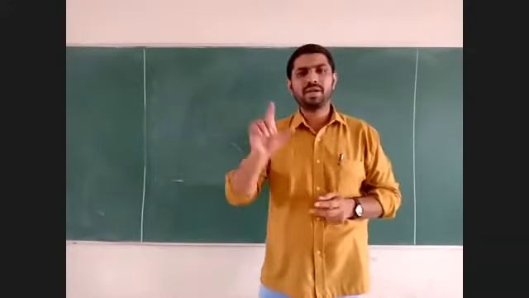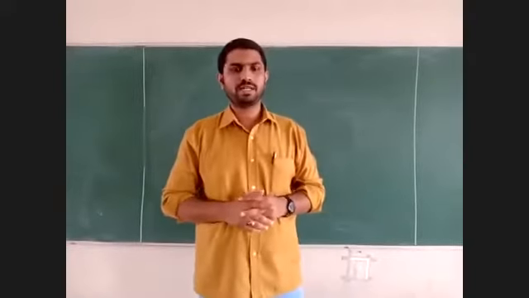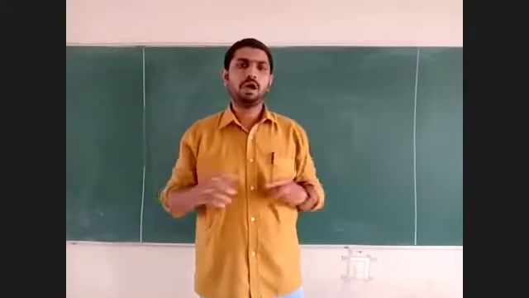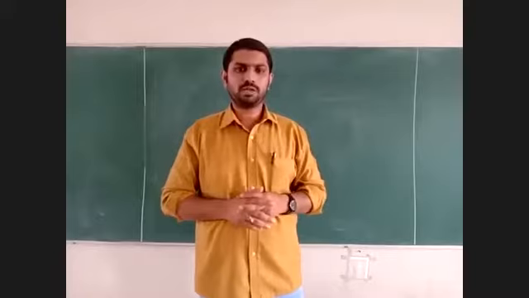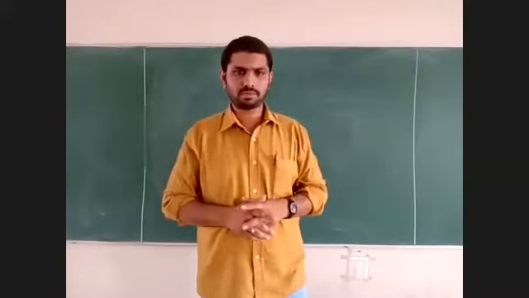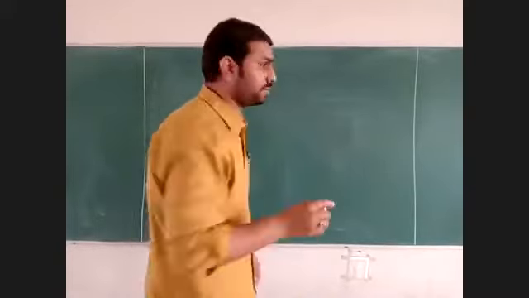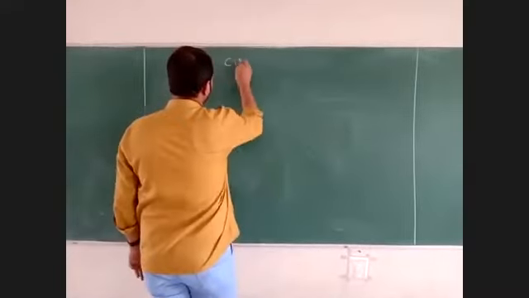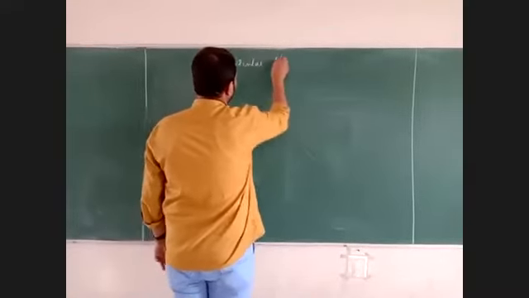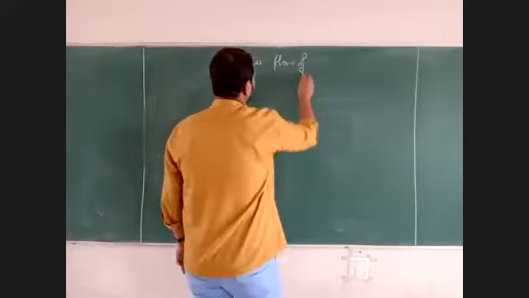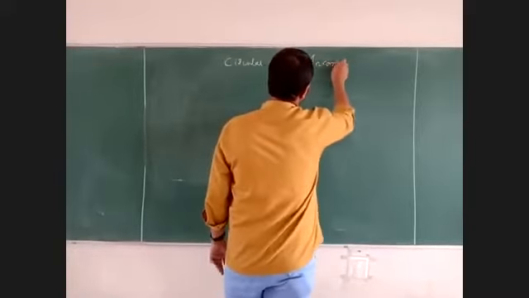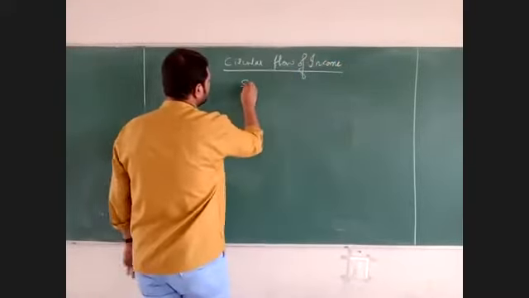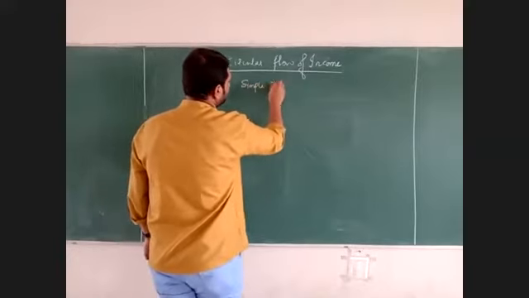For that, they made one simple concept of understanding how the national income will work out, and they gave it the title circular flow of income, which is also called simple economy.